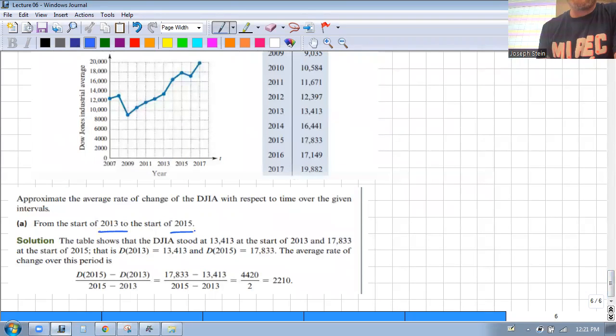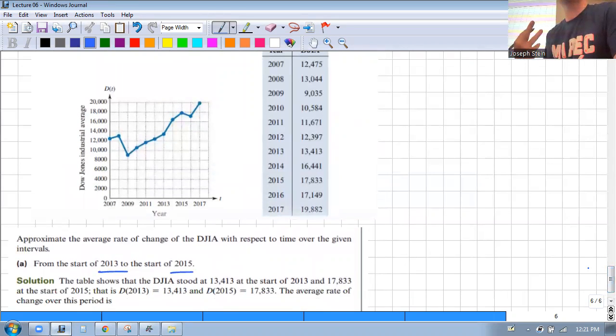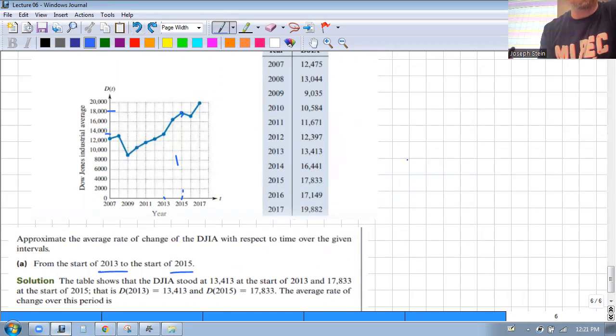So from 2013 to 2015, okay? So we want to know the average change. So here's 2013 and 2015, we go up here. Now we could look at the graph and estimate it, but the chart here gives us much better numbers.